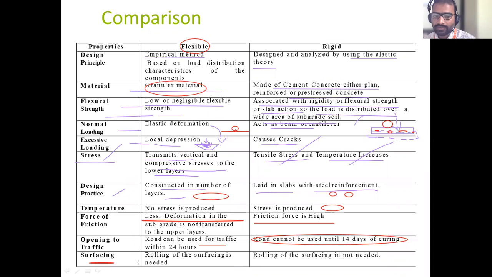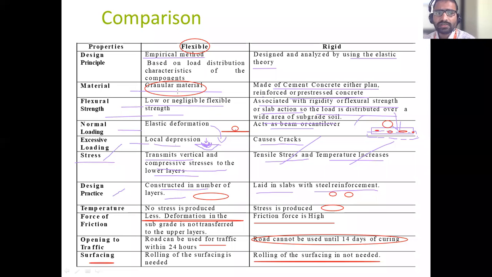So surfacing, finishing, rolling of the surface is needed. In the case of a concrete road, do we do rolling? No, they just do surface finishing with the help of a vibrator and all. So rolling of the surface is not needed here.